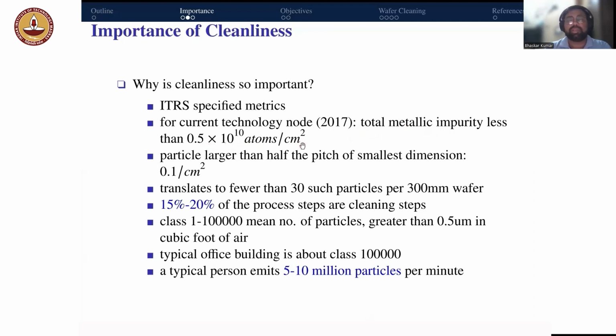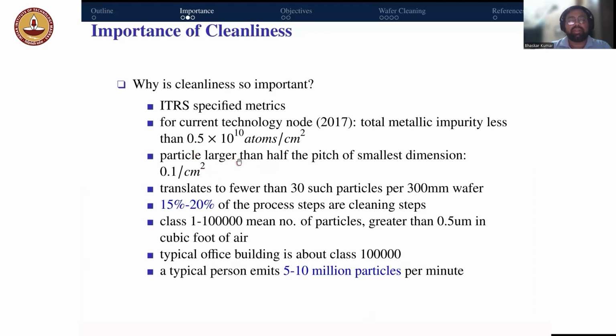Now this is extremely important because per centimeter square silicon normally has about 10 to the power 22 atoms. So we can guess how strict this metric is, that we want less than one impurity in 10 to the power 12 atoms.